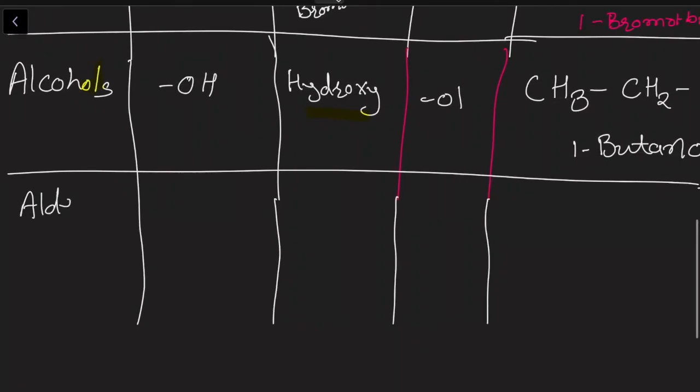Now, let's talk about aldehyde. We all know aldehydes are important because all the ice cream, different flavors, puddings we eat, they are aldehydes. That gives a smell of banana.